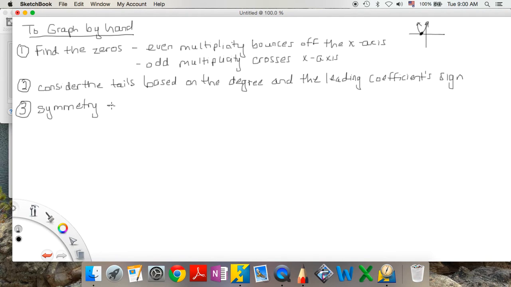For this we have to look at all the terms, not just the leading term or the degree term. So we have symmetry across the y-axis if all of the terms are even degree.